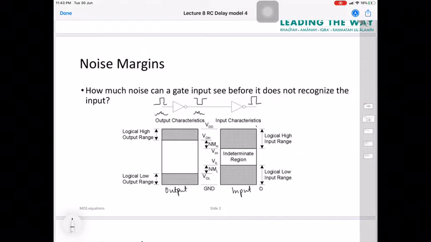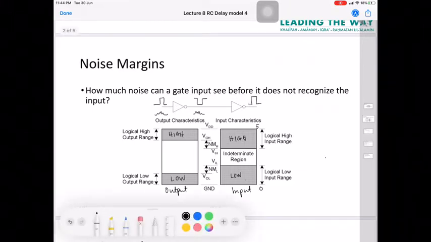Let's say our voltage range is between 0 to 5. Here it is divided into 3. The first region is for the low, the middle region is the indeterminate region, and the third region is for the high. If you have a low input, it should produce a high output, and the high input should produce a low output.